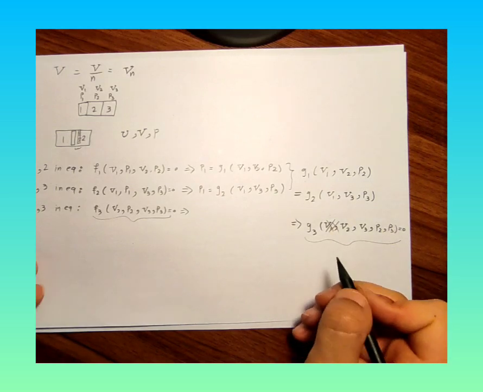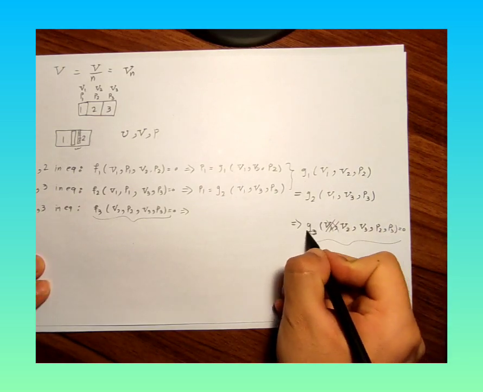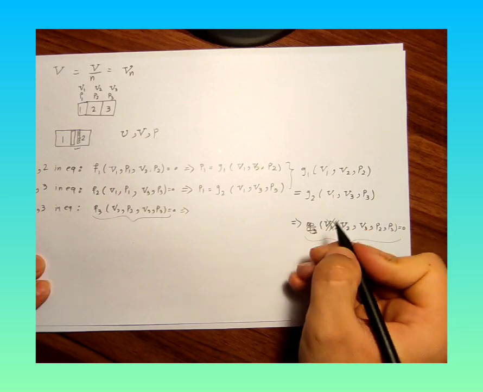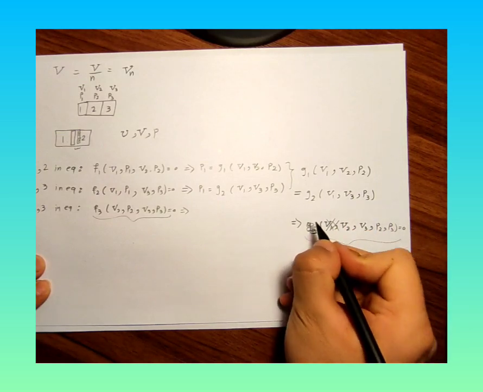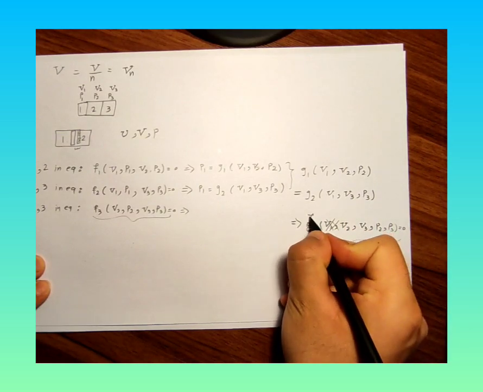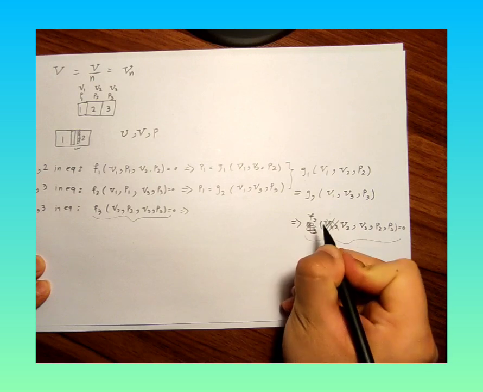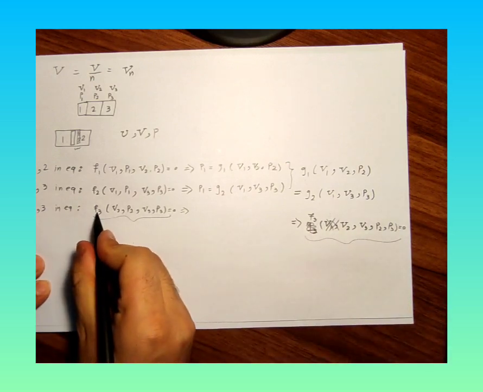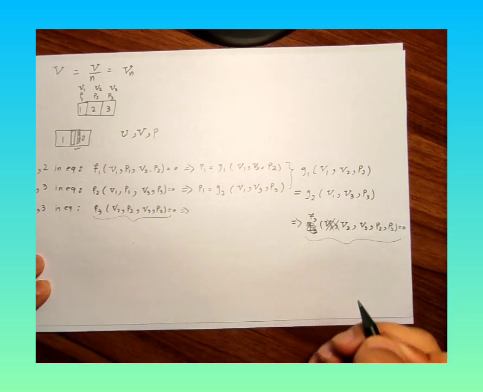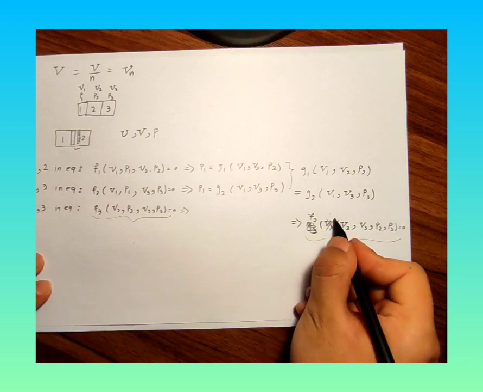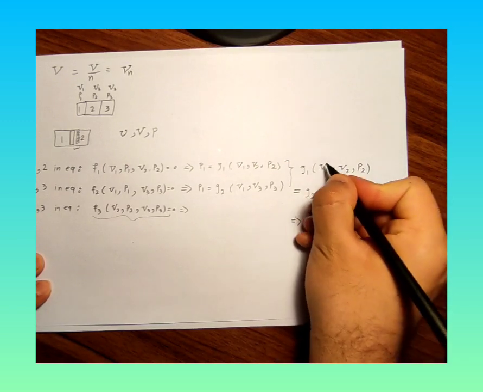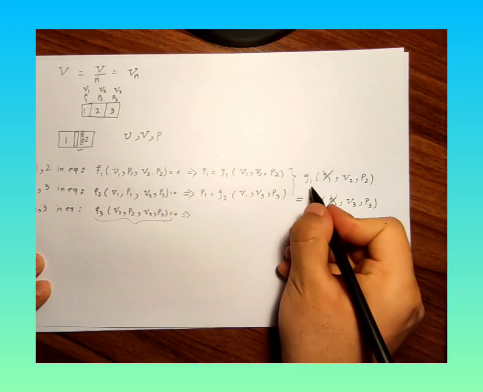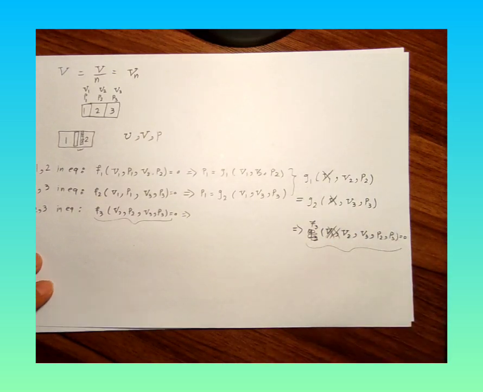and this relation is still true. If you are obsessive about this, you can put the same function F3 here. So when you remove F1 here, you can remove it here, and the names of the functions are not important.